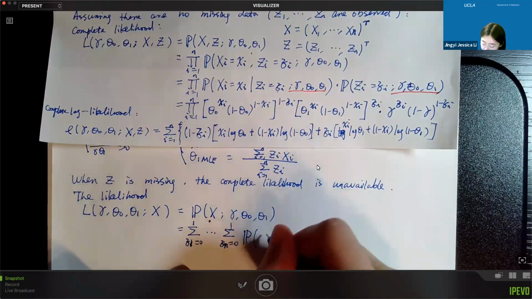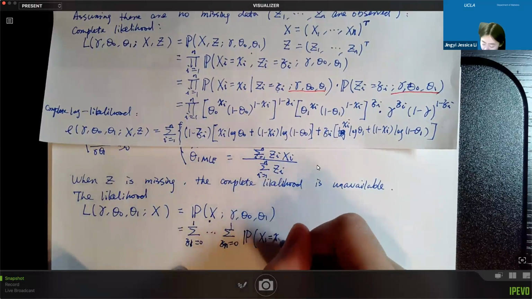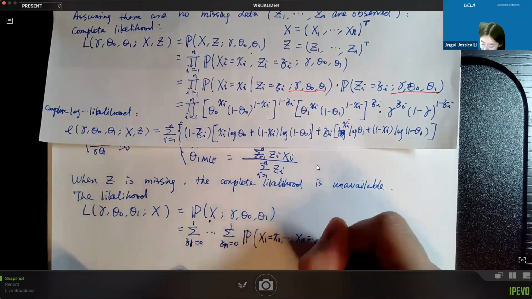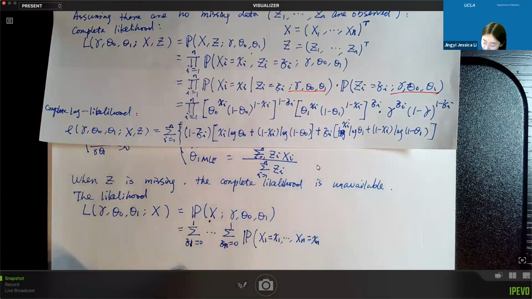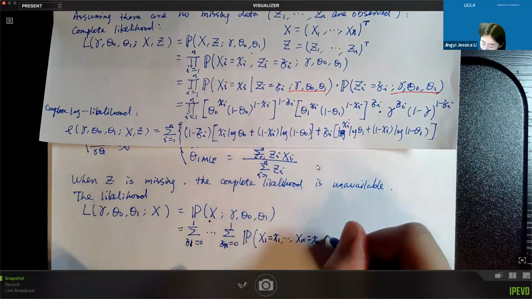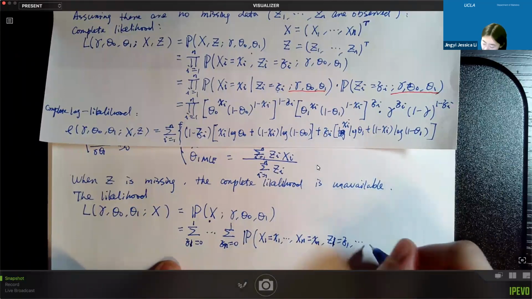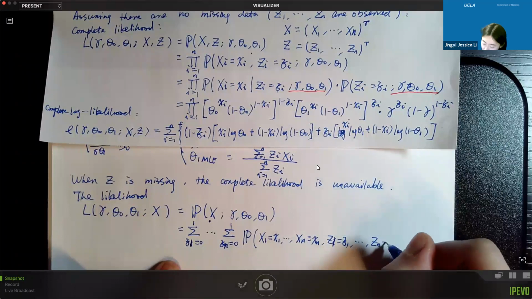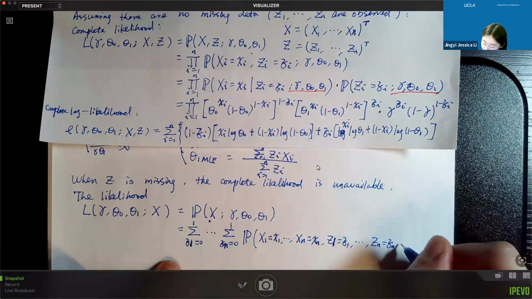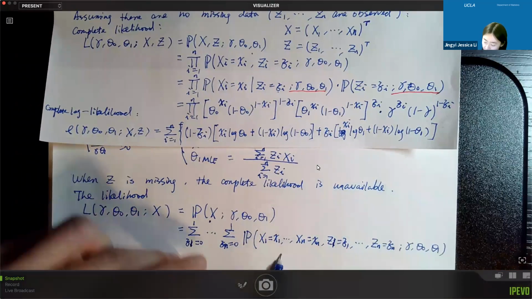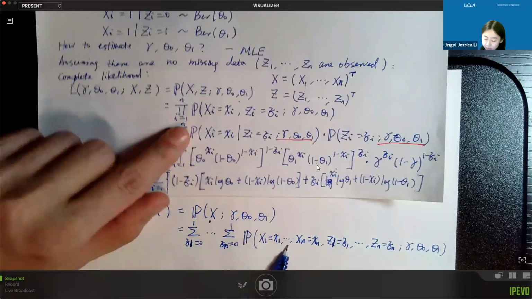X, of course, is equal to what we observe, right? X1 equals little x1, and so on, up to Xm equals our observed xm. These are our observed data. Then Z1 equals the possible value z1, up to Zn equals the possible value zn, given gamma, theta 0, theta 1. And the computation of this is the same as we had before.